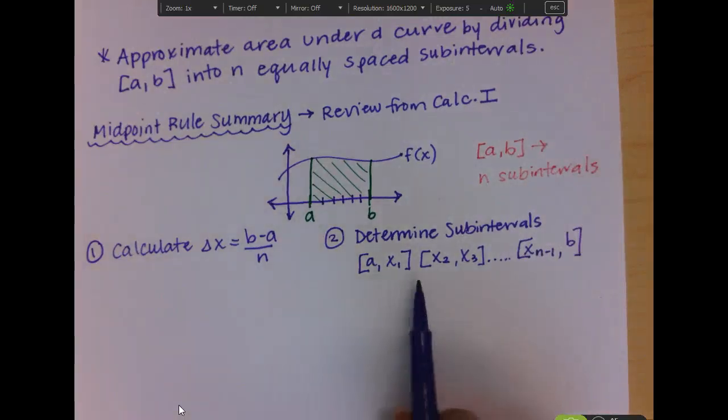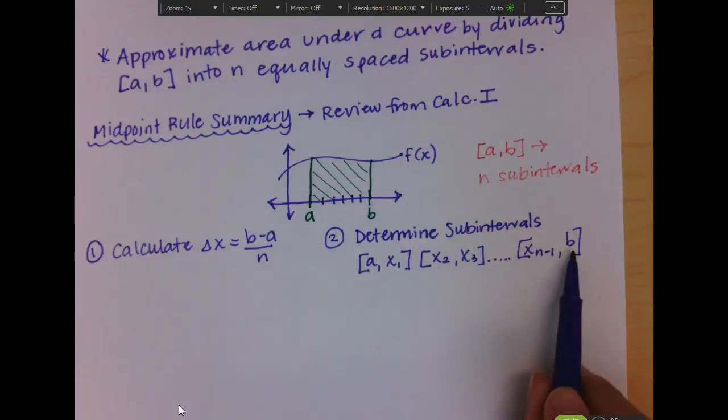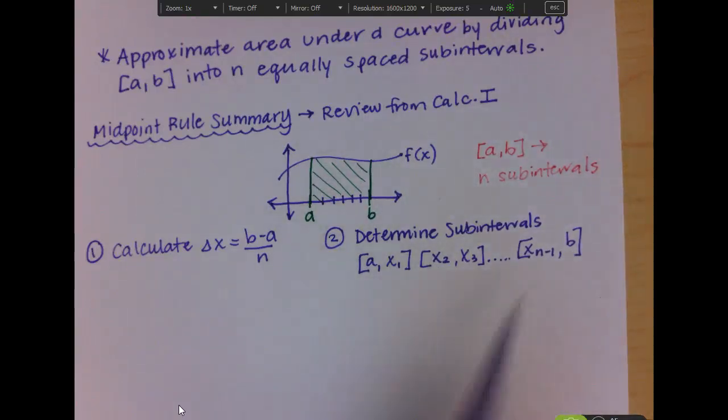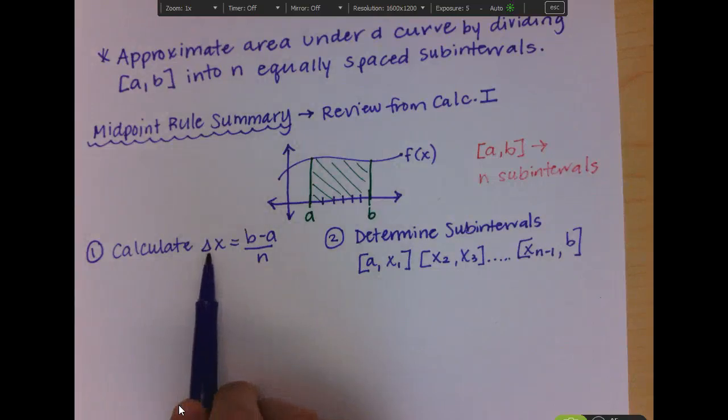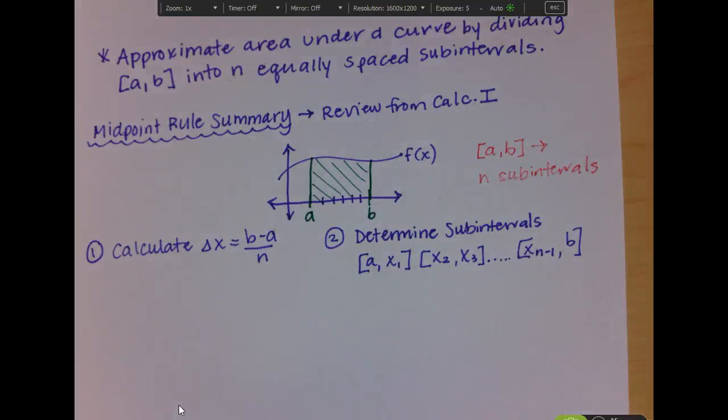Okay, so we have n number of subintervals. Leftmost endpoint is a, rightmost endpoint is b, and then we have these in between x values that we can determine based on our delta x and what our beginning and ending values are.